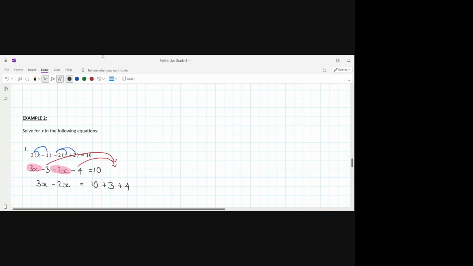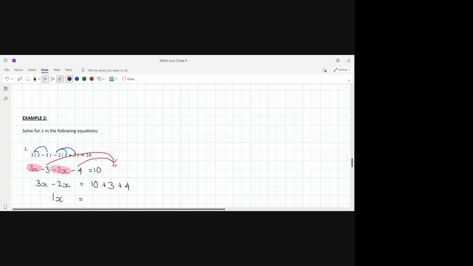Okay, and now we just need to do a little bit of addition and subtraction. What is 3x minus 2x? That's it. Beautiful. We will get 1x or just x, right? I'm going to write 1x just to be spicy. Okay, 1x is equal to, what am I going to get on the right-hand side?